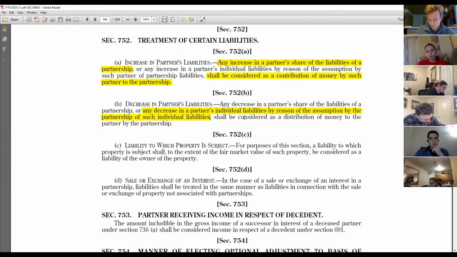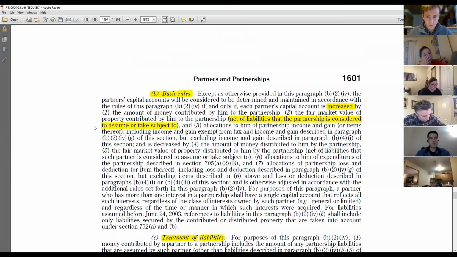And then for capital accounting purposes, let's go back to the capital account rule, 1.704-1(b)(2)(iv)(b). Just to show you I'm not making stuff up, the same adjustment here, remember that same clause, net of liabilities that the partnership is considered to assume or take subject to. That's this language.